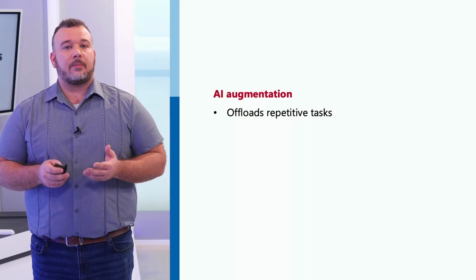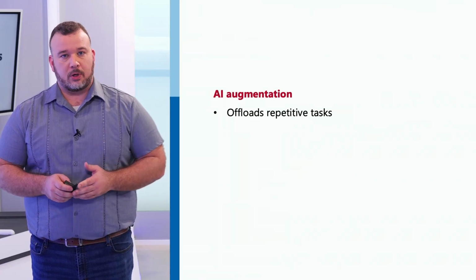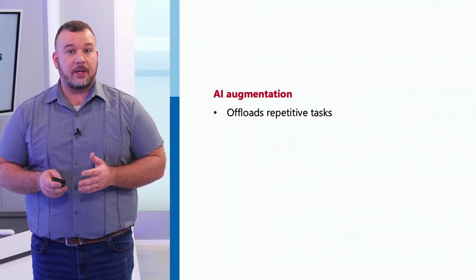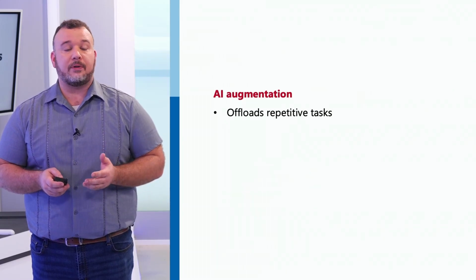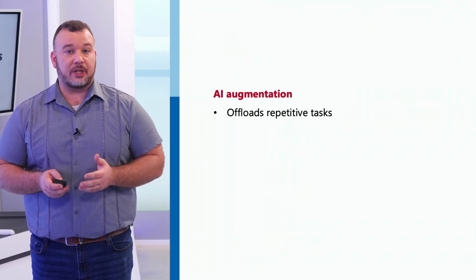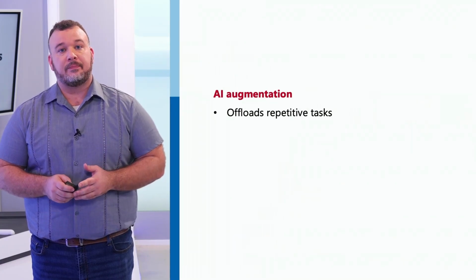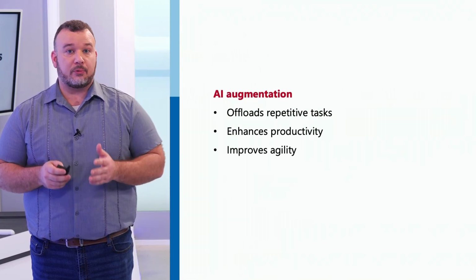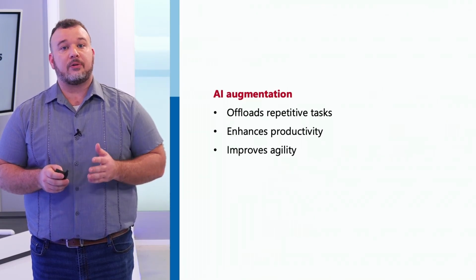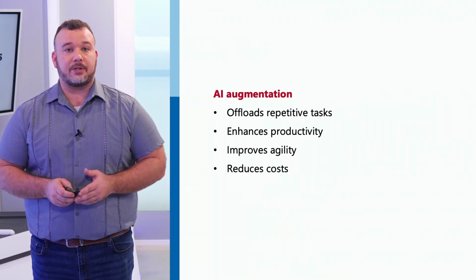The transition to augmented enterprises is reshaping the workplace by offloading repetitive, data-intensive tasks to AI, allowing employees to focus on creative, strategic, and interpersonal activity. This hybrid model enhances productivity, improves agility, and reduces operational cost.